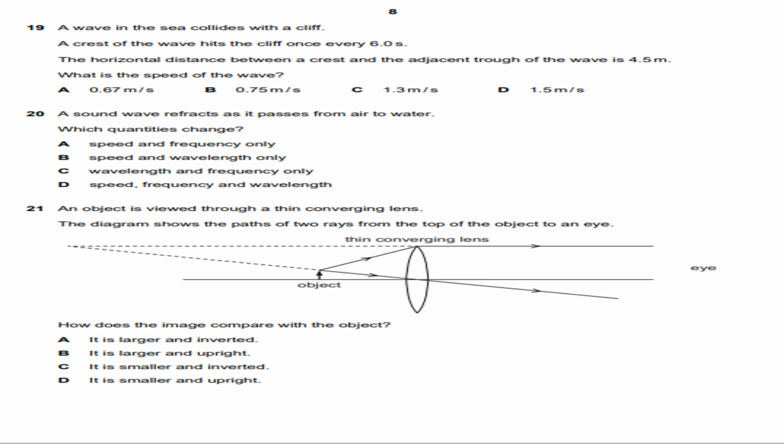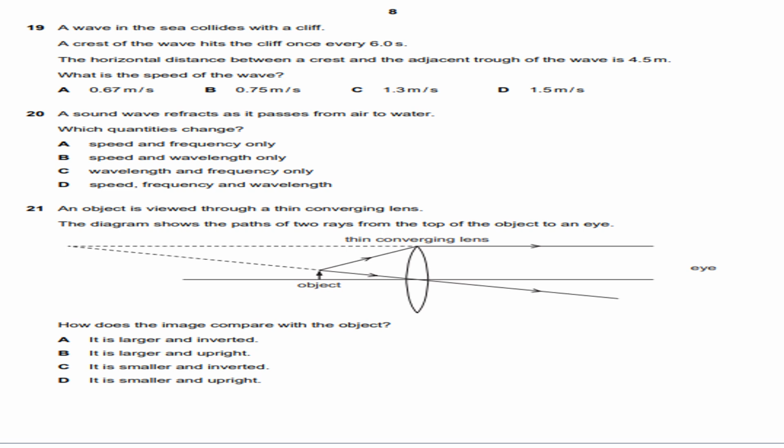A wave in the sea collides with a cliff. A crest of the wave hits the cliff once every 6 seconds. The horizontal distance between a crest and the adjacent trough of the wave is 4.5 meter. What is the speed of the wave?